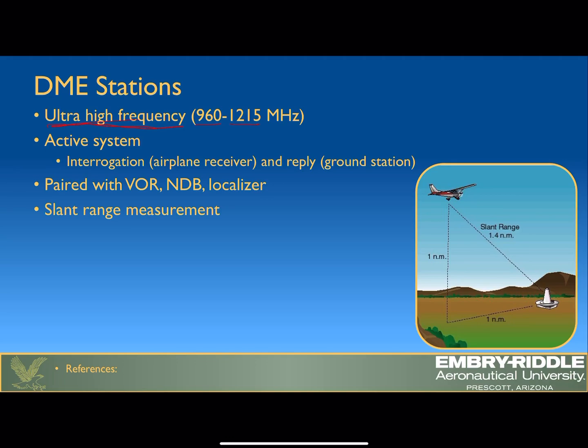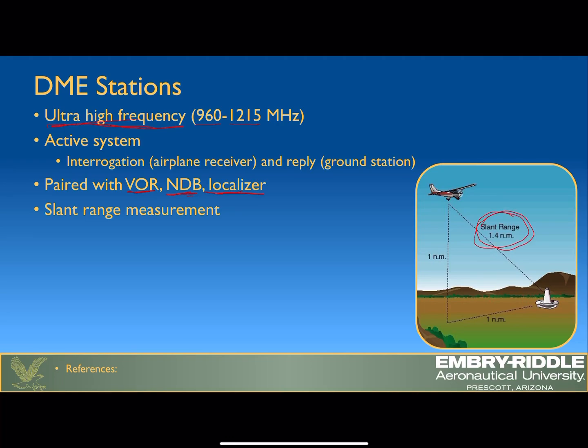Again, DME stations are typically associated with a VOR, an NDB, or a localizer. And remember, very important, it measures slant range distance. So this slant range here.